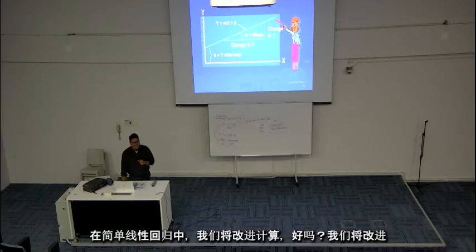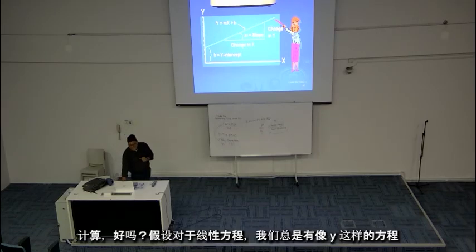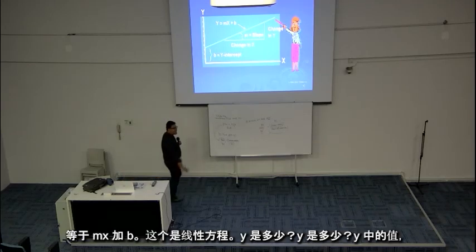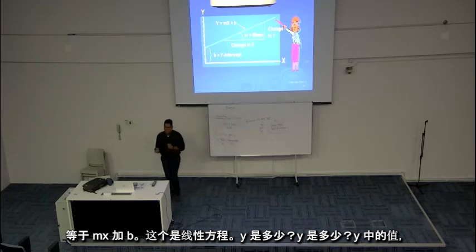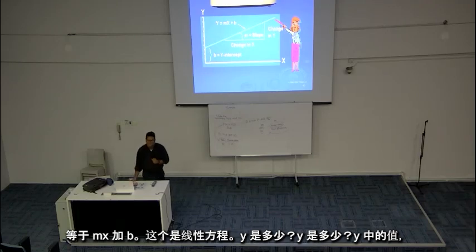So of course, in the simple linear regression, we will involve calculation. Let's say for the linear equation, we always have the equation y is equal to mx plus b. What is y?